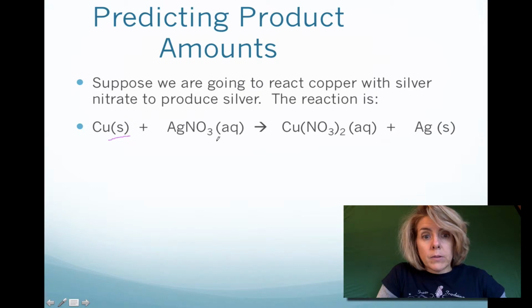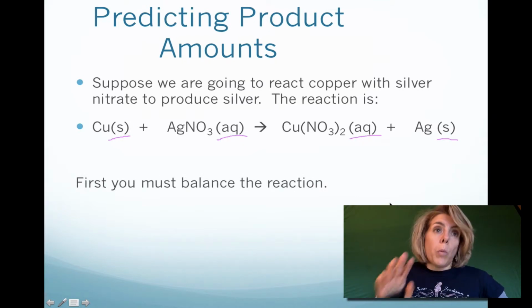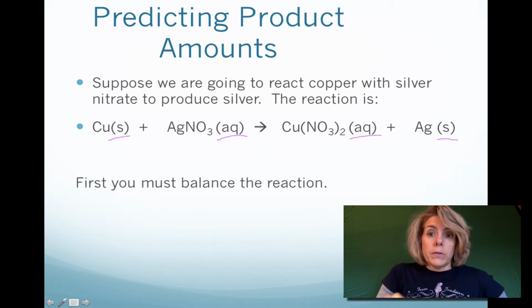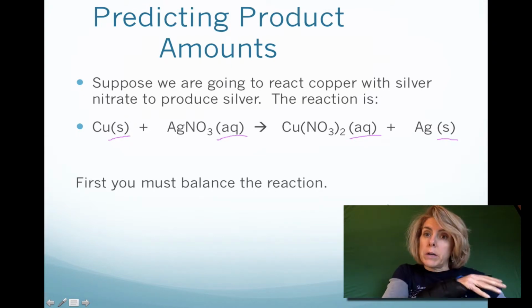So here we have solid copper, water-based silver nitrate, aqueous copper nitrate, and then solid silver. We can't just go by the components of the reaction. We have to look at the coefficients and make sure that the amount of reactants equals the amount of products.